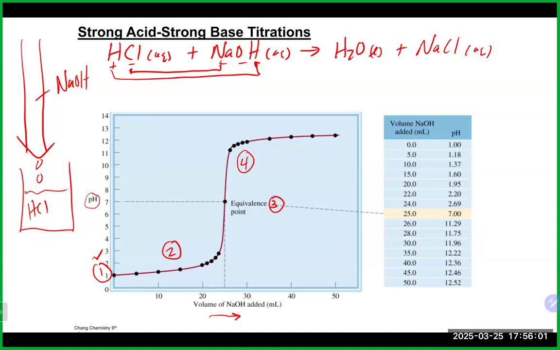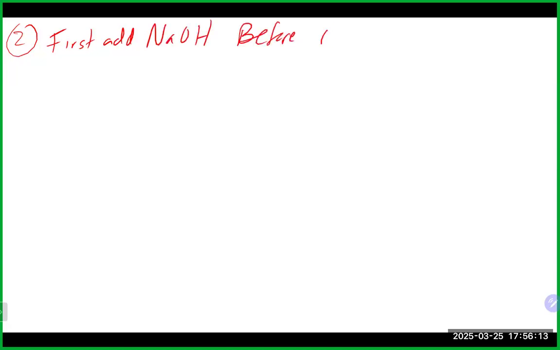So for part number 2 here, when we first add some sodium hydroxide, and we are definitely before the equivalence point, we are going to get a reaction that's going to occur. So again, we're going to get our HCl.